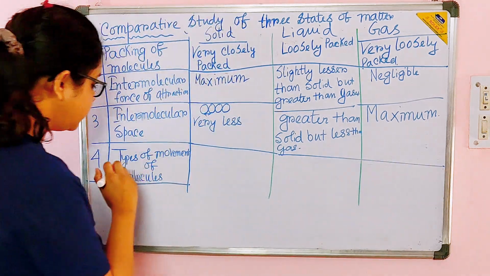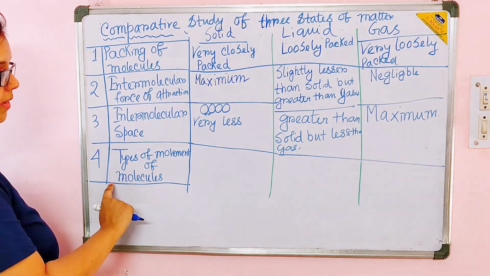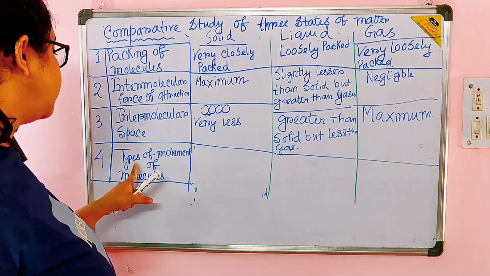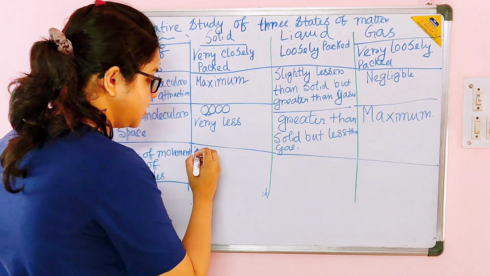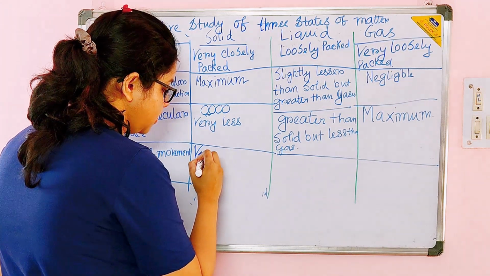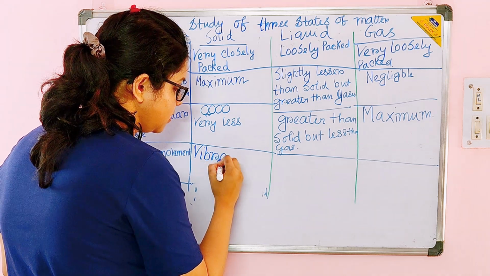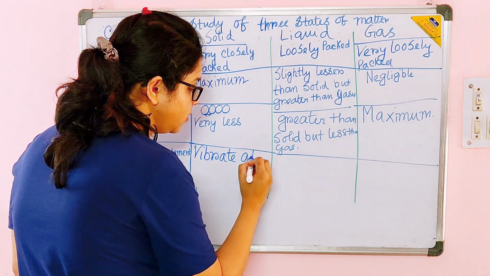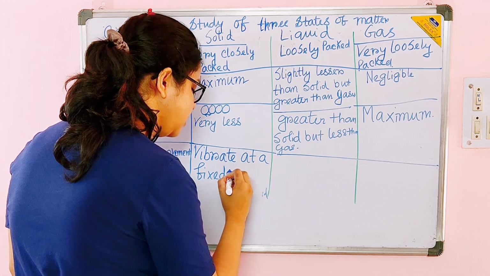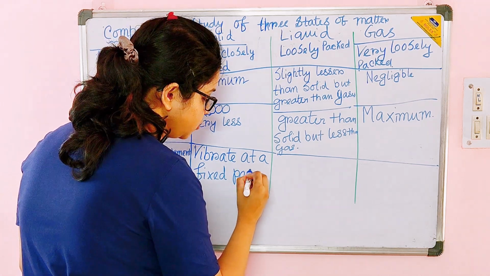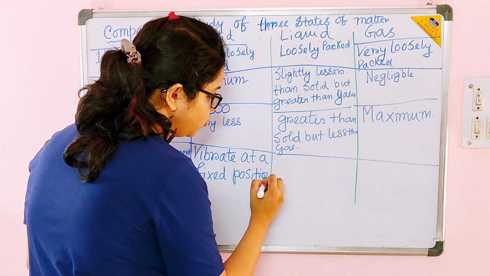Number 4 is types of movement of molecules. The type of movement of molecules in case of solid particles is that they vibrate at a fixed position. That means they are at a fixed position and cannot move.